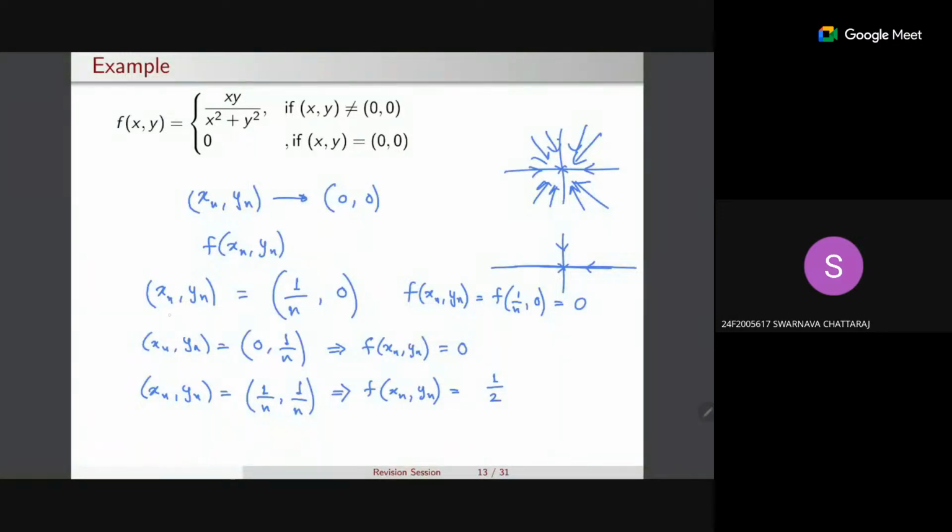So along different sequences xn, yn which go to 0, what is 1 by n, 1 by n? I'm just going like this, which is along the line x is equal to y. So if you want, you can take another, but this is enough to say that this limit does not exist. But let me take 1 by n, comma c by n.